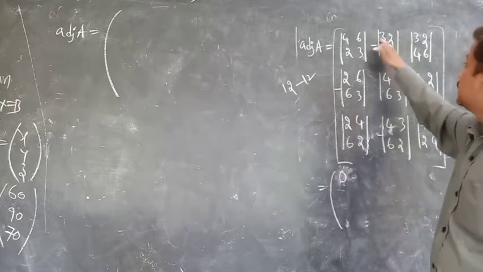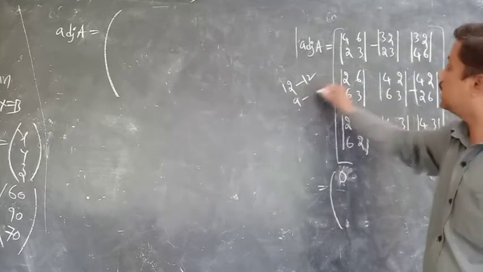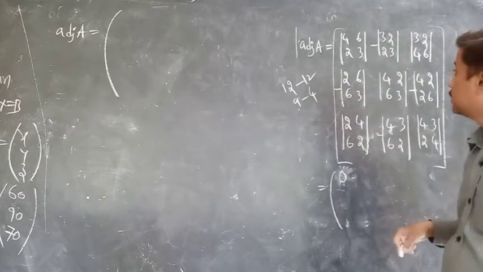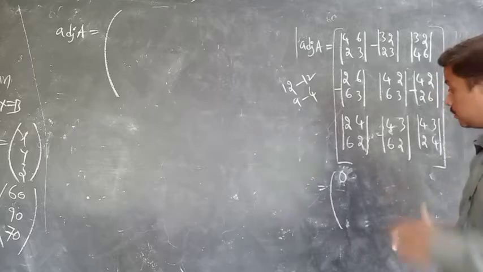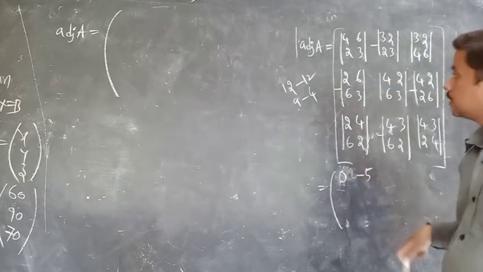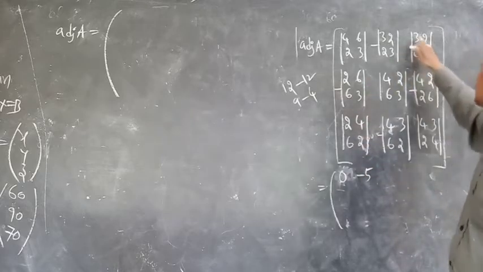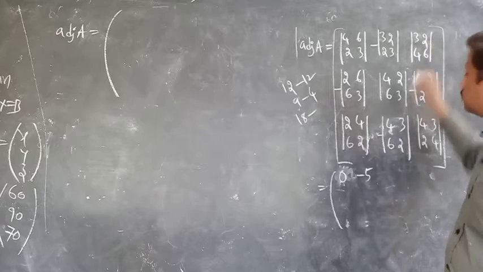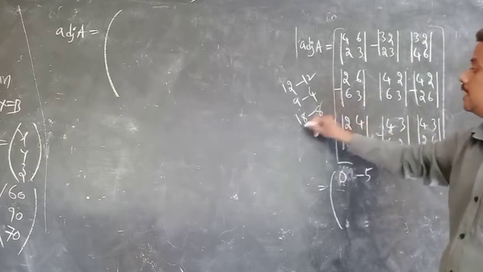Next, 3 2s are 6, 3 3s are 9 minus 2 2s are 4. 9 minus 4 is what? 5. Minus is there, so minus 5. Next, 3 6s are 18 minus 4 2s are 8. 18 minus 8 is 10.